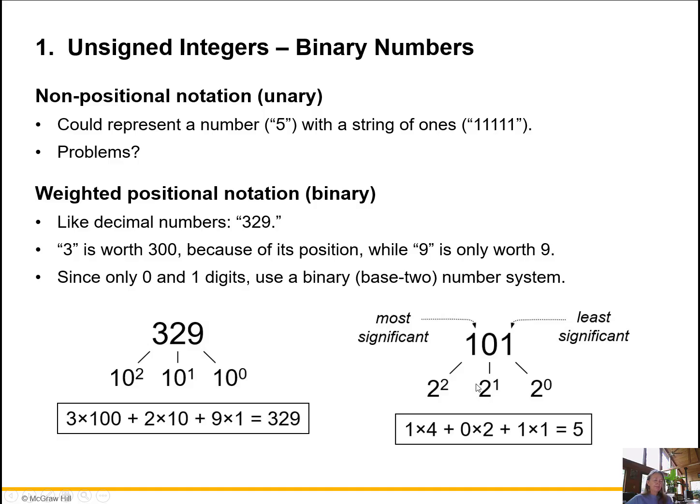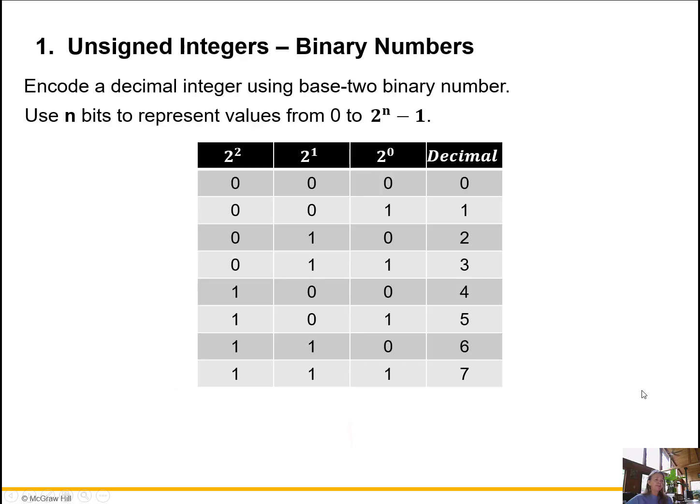This next position is called the twos position. The next position is called the fours position. The 2 to the third would be considered the eights position. And if you will notice, I have 1 four, no 2s, and 1 one, and that would add up to a 5.